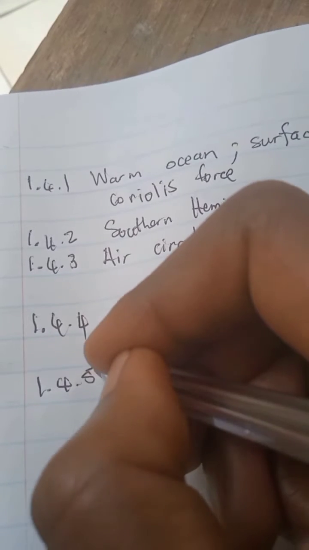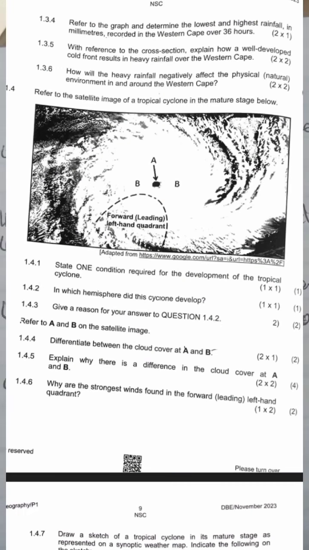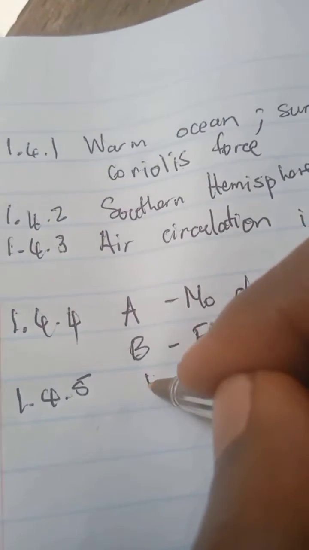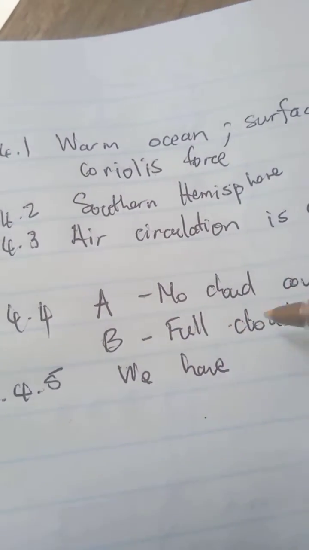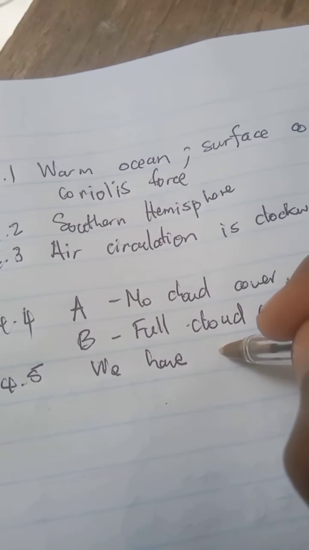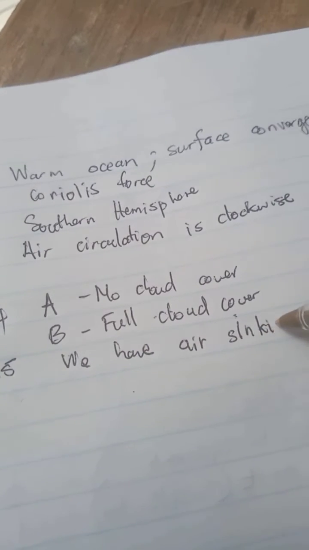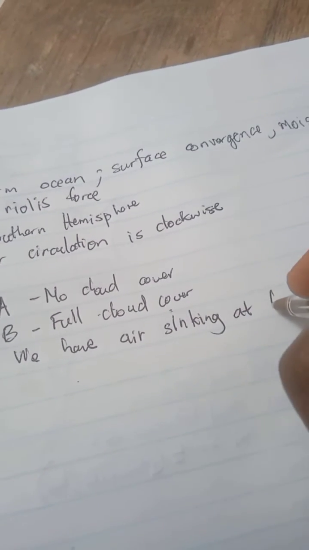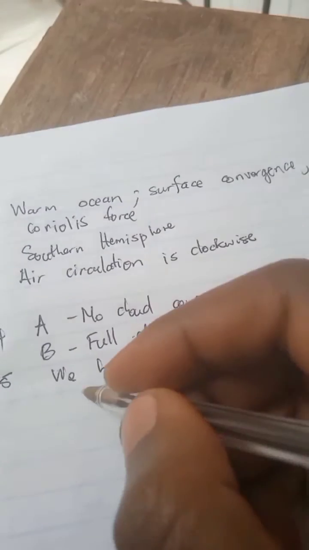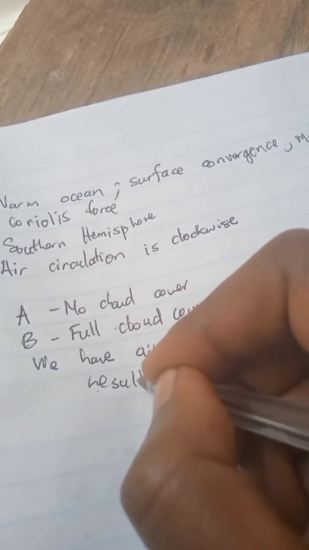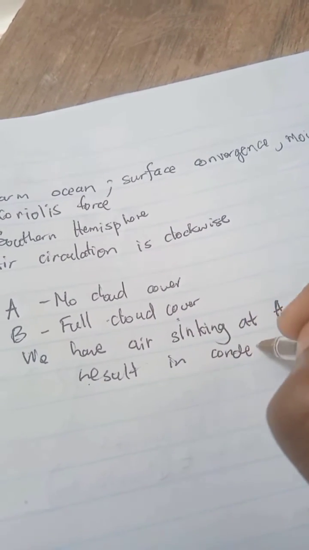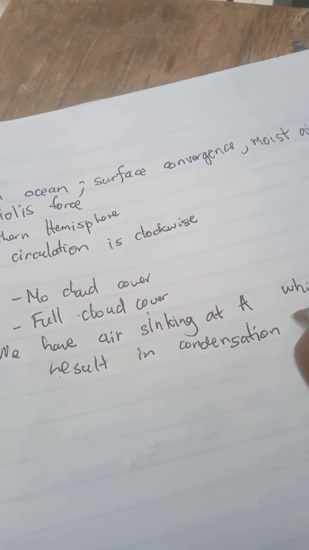1.4.5. Explain why there is a difference at A and at B. Well, at A, we have air sinking, which does not result in condensation and hence no clouds.